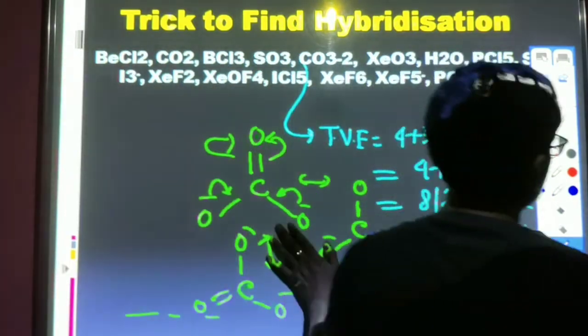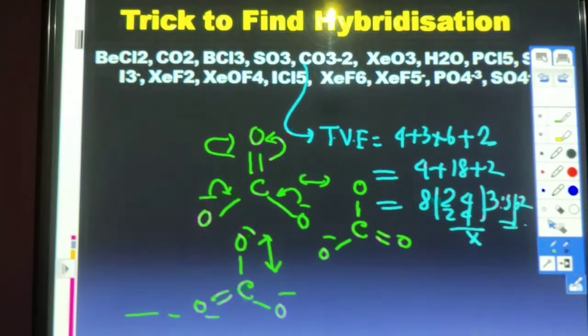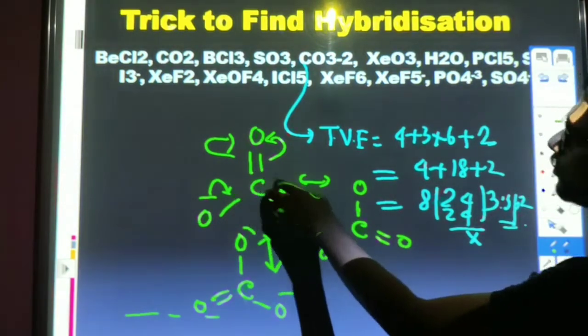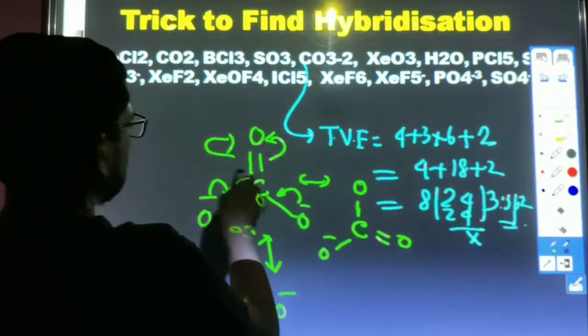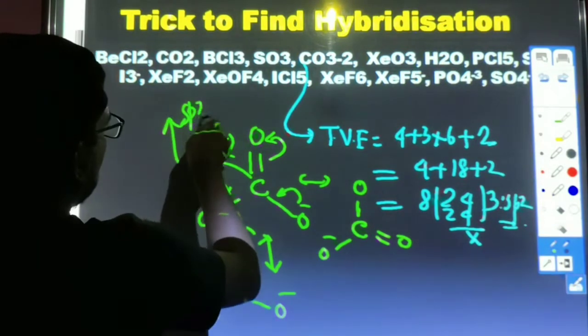So the hybridization for carbon in CO3 2 minus will be sp2.